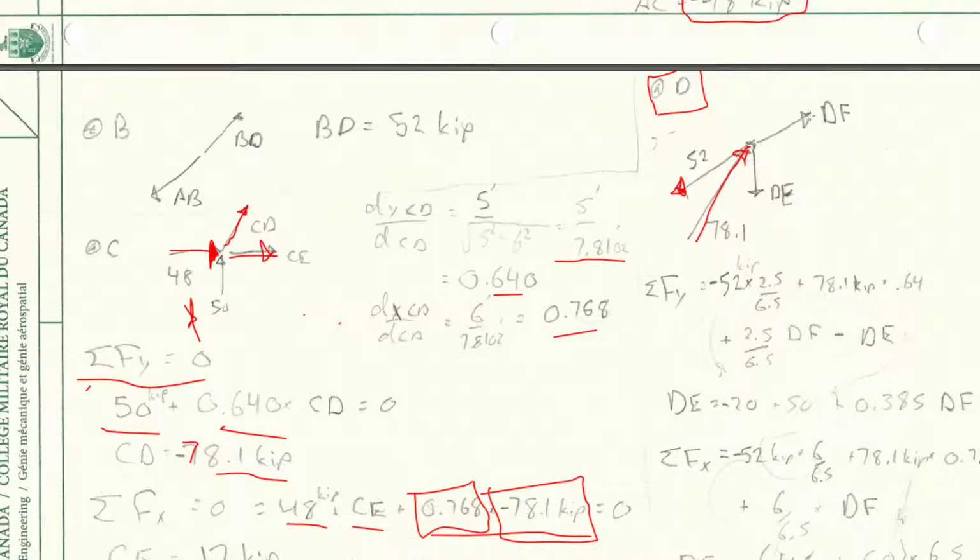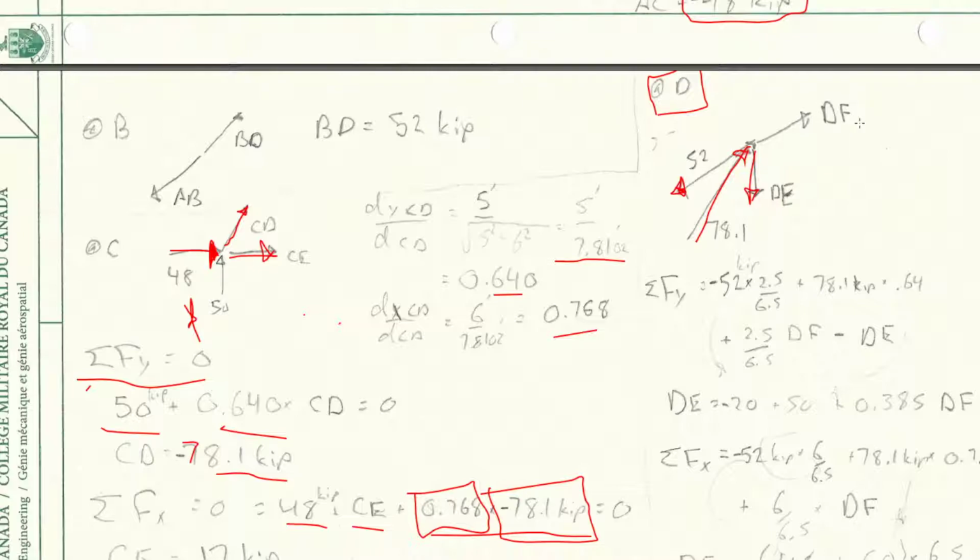And we've got the unknowns here. We've got DF and we've got DE. DE is acting directly downwards, if it's in tension, and then we got DF as well.